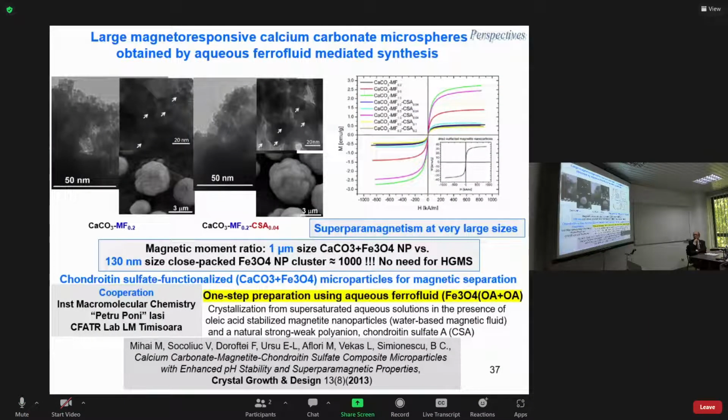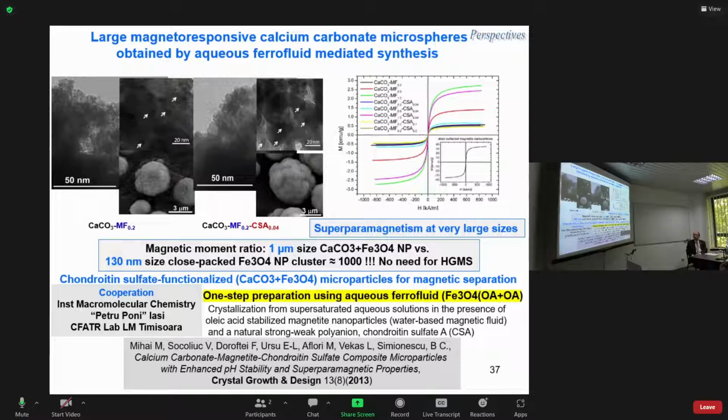Now, here is a much larger particle, in the 1 micron, 2 micron, 3 micron range, prepared at Iasi, in the Institute of Macromolecular Chemistry. What is very interesting, and I try to show you, is that the superparamagnetism is conserved because we use aqueous ferrofluid, and the magnetic nanoparticles decorate the large calcium carbonate microspheres.